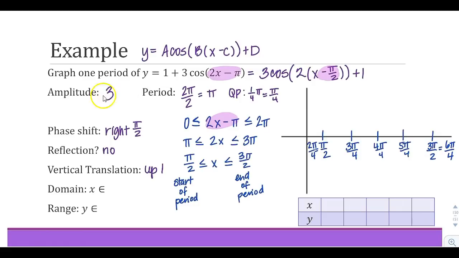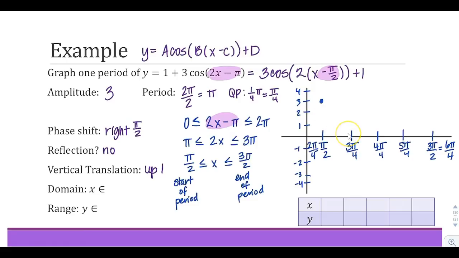I'm going to go ahead and think about the amplitude of the function. Now since this is a cosine graph, my function starts at the amplitude. But remember, the start is pi over 2, not 0. So I'm going to go ahead and label 1, 2, 3, 4. 1, 2, 3, 4 downward. So I have labeled my y-axis values. And I know that I start at the amplitude, so I start at pi over 2, 3.